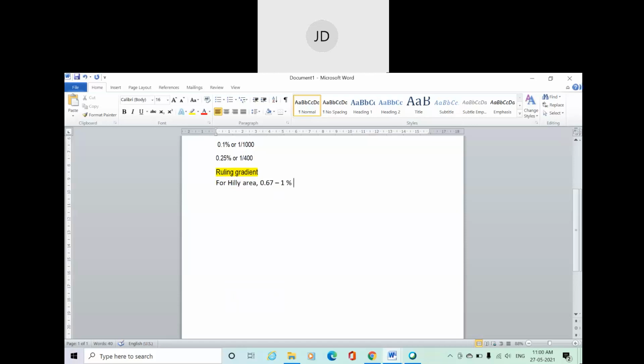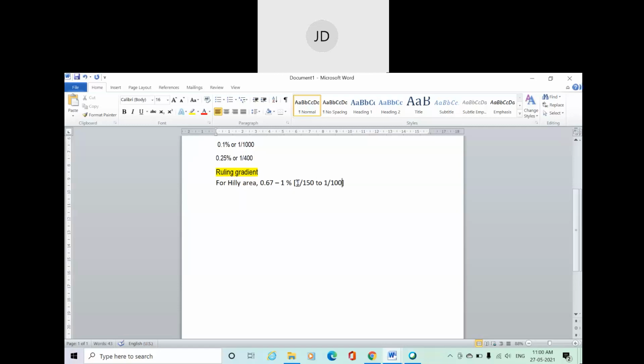In other words, the ruling gradient for hilly areas ranges from 1 by 150 to 1 by 100.